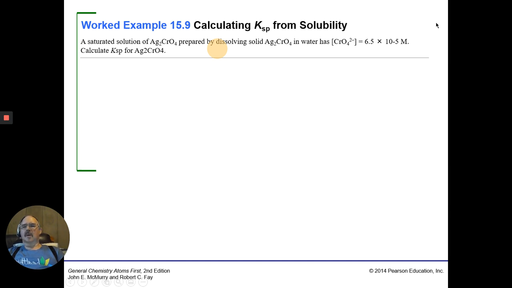All right, the next question says a saturated solution of silver chromate prepared by dissolving solid silver chromate in water has a chromate concentration of 6.5 × 10⁻⁵ molar. So calculate the KSP for silver chromate.